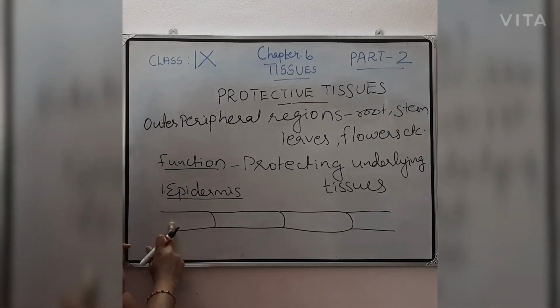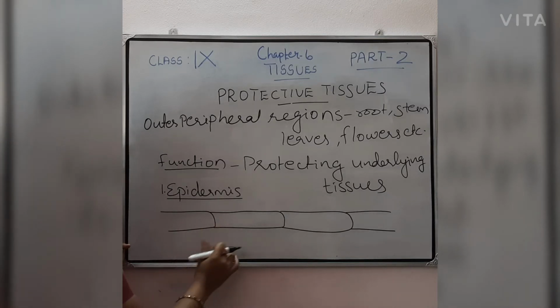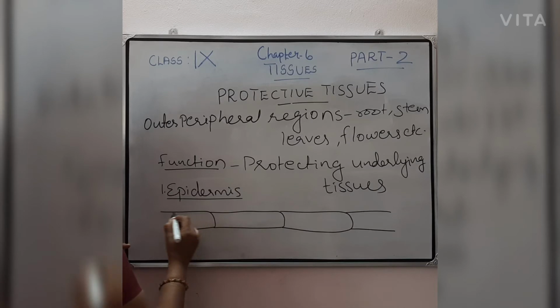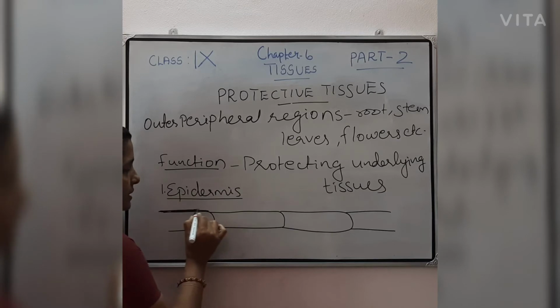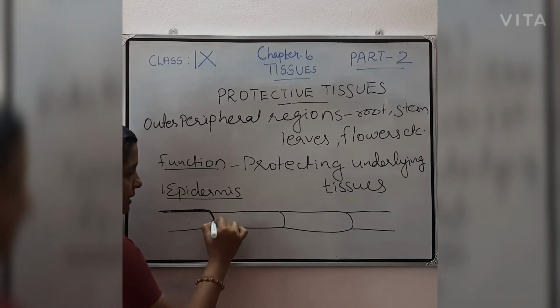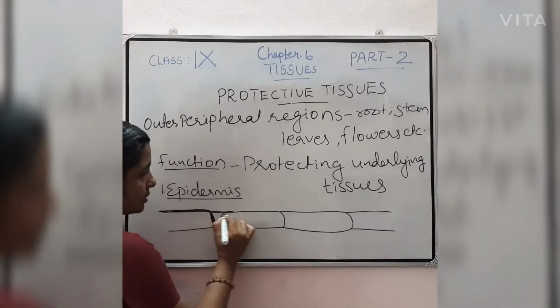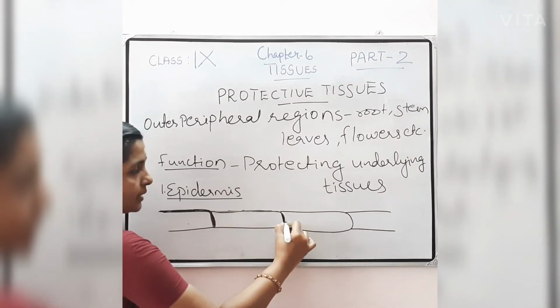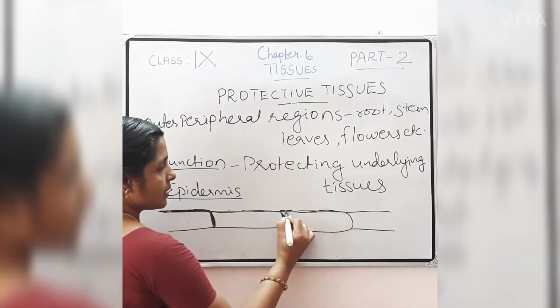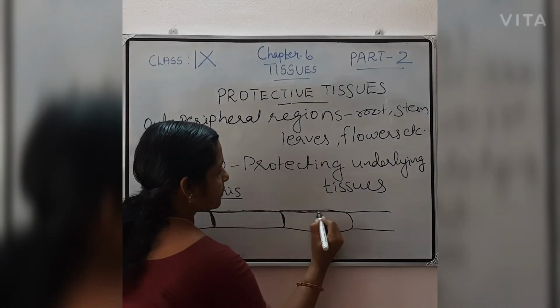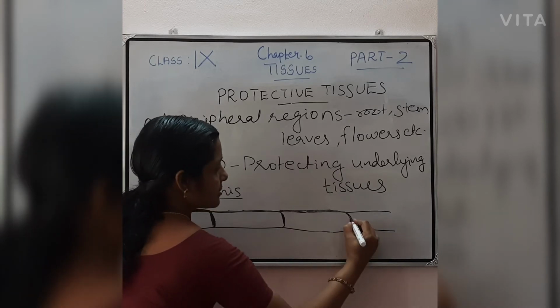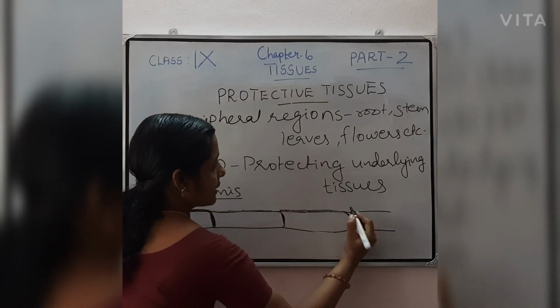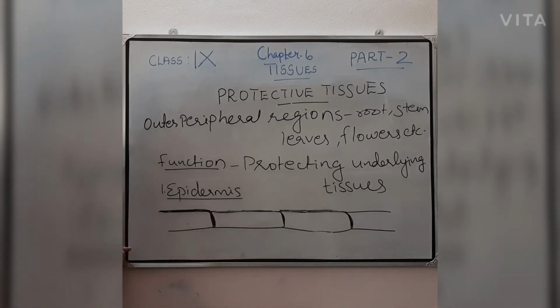These epidermal cells are elongated flat cells with the nucleus present there, but here you can see that the outer wall and the side walls are highly thickened. Here also the outer wall is highly thickened and this side wall is also highly thickened. Here also we can see that the outer wall is highly thickened, then the side wall also highly thickened, like that. These are cells, but the inner wall is very thin.